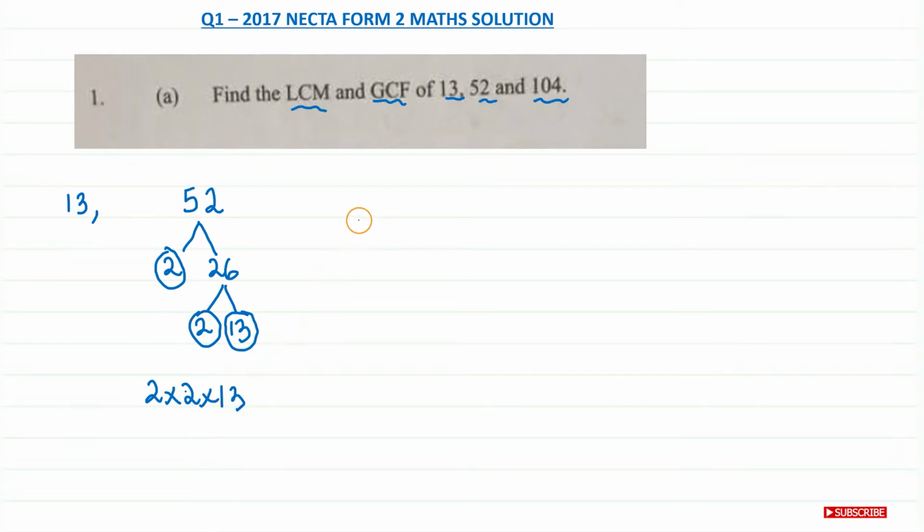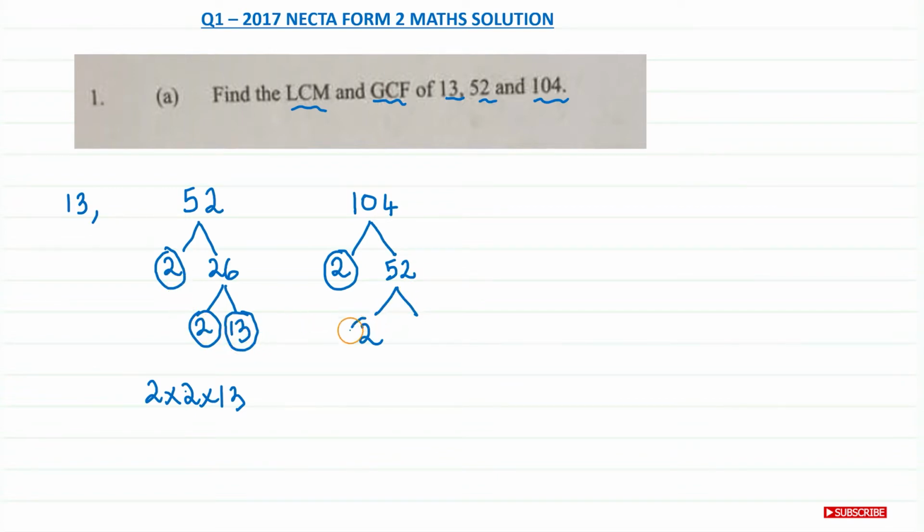And the last number that we have is 104. So let's do a factor tree for that number. What we can do again is halve it, which means divide by 2. So we can do 2 times 52. But 52 is over here as 2 times 2 times 13, so you can carry on and do 2 times 26, or you can just use these numbers here.